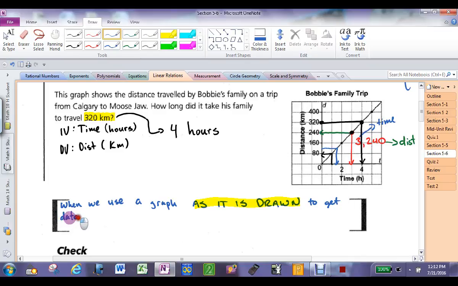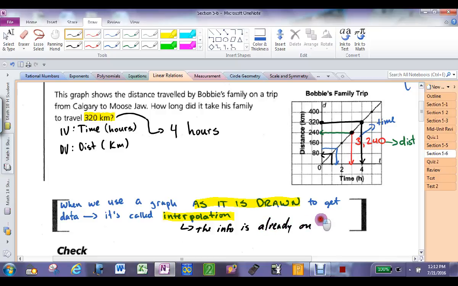If we use the graph that is already drawn to get data, it's called interpolation. And all that means is the info is already on the line. So we were able to do X and Y, X and Y.